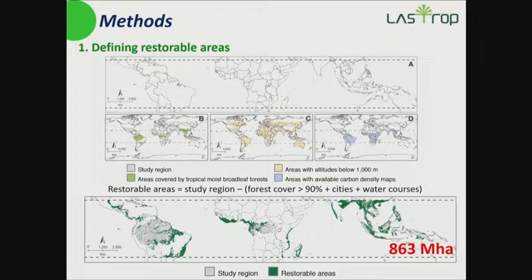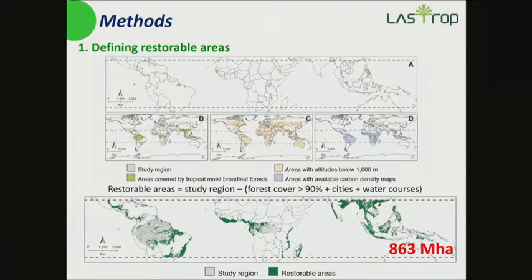This is all related to the particularities of the biomass equation we have. So we decided to restrict our study area in order to have a more robust use of the equations that we have for estimating biomass. I will describe them later.